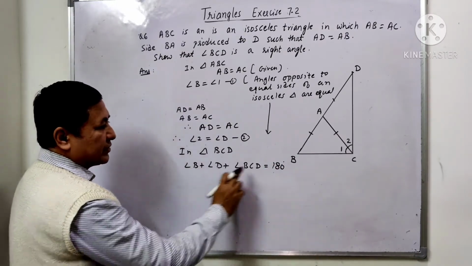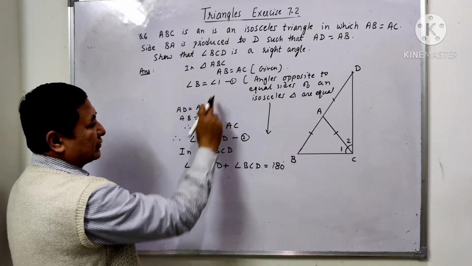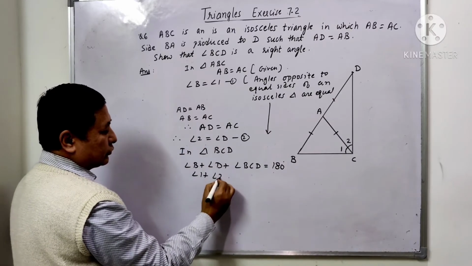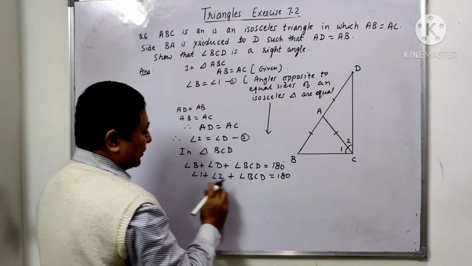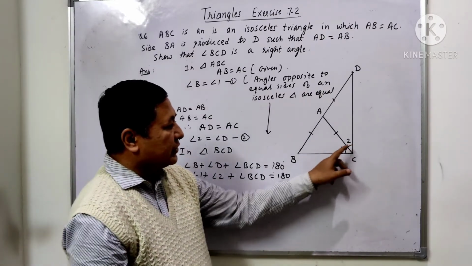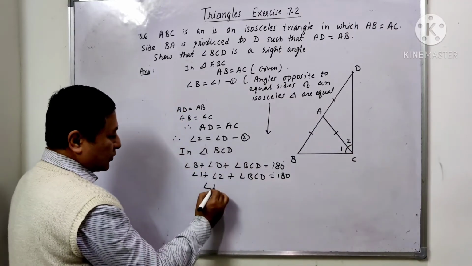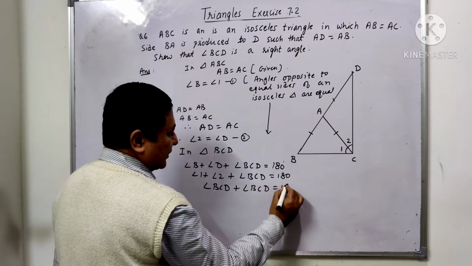Now angle B is equal to angle 1, and angle D is equal to angle 2, plus angle BCD is equal to 180. If you add angle 1 and angle 2, we will get the same angle BCD. So angle BCD plus angle BCD is equal to 180.